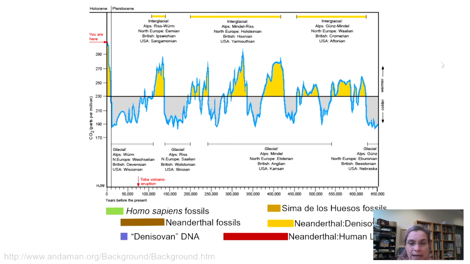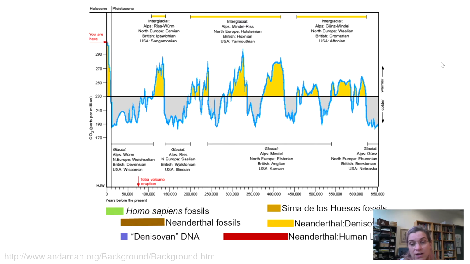Modern day is over on the far left, and it goes all the way back to 650,000 years ago on the right-hand side. Temperature oscillates up and down: warmer times on the top half, colder times on the bottom half, showing the ice ages below and the interglacials above.